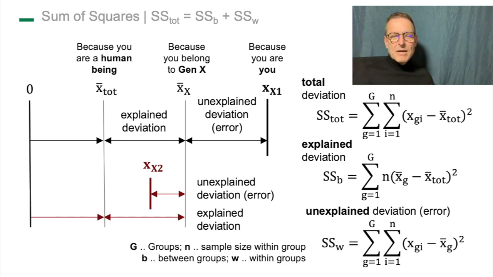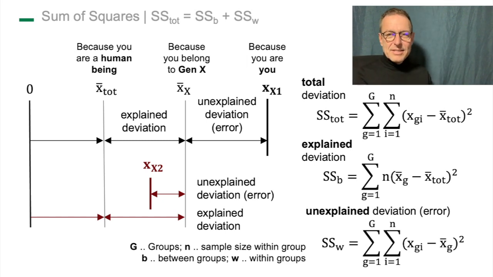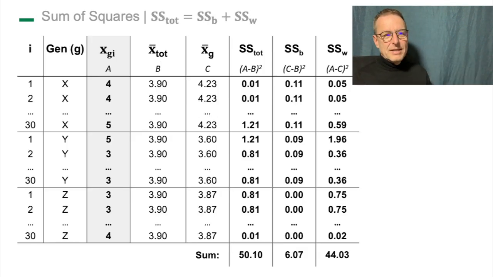Well, in this picture, I showed you the formulas, and of course you will forget the formulas after this episode, and I also forget, but I just wanted to mention them here. What I did is I did a little analysis based on these data, and you can see how these sums of squares can be calculated. Okay, I don't want to spend too much time on this.